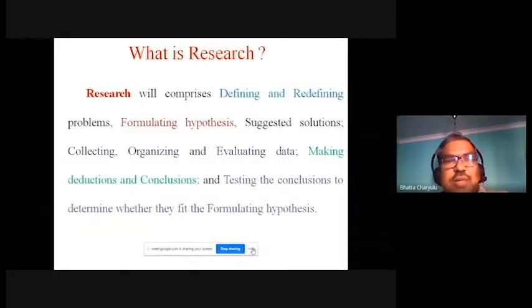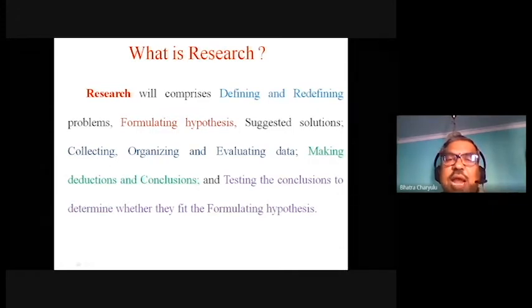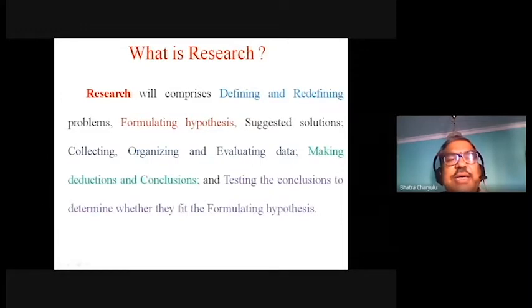Now, coming to research, it comprises defining and redefining problems, formulating hypotheses, suggesting solutions, collecting, organizing, and evaluating data, making deductions and conclusions. That means drawing inferences and deducing.